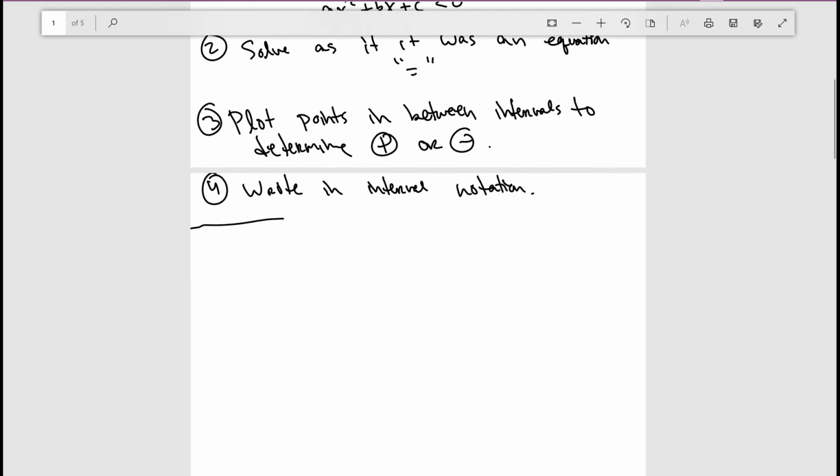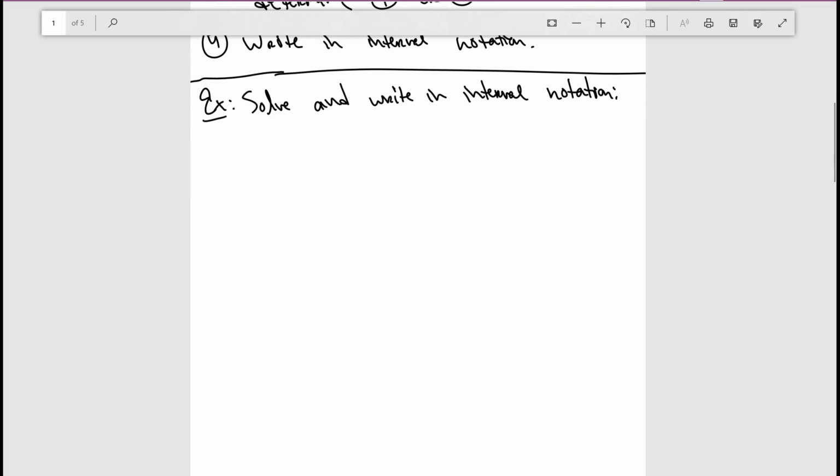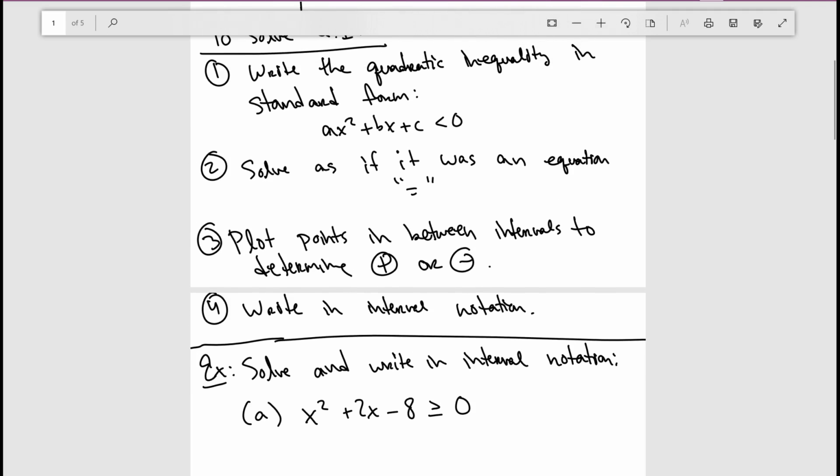So here is my first example. Solve and write in interval notation. I'm going to have x squared plus 2x minus 8 is greater than or equal to 0. All right. So the first thing that I want to do is check if it's in standard form, and it is.